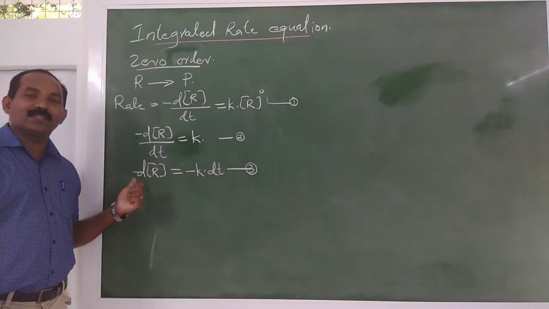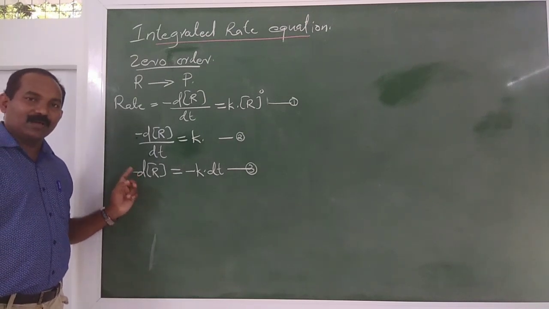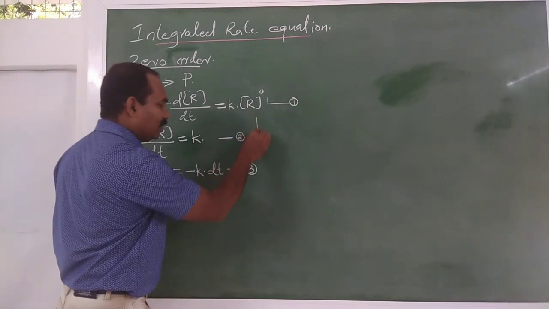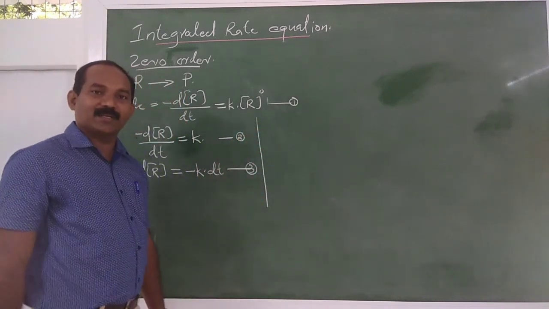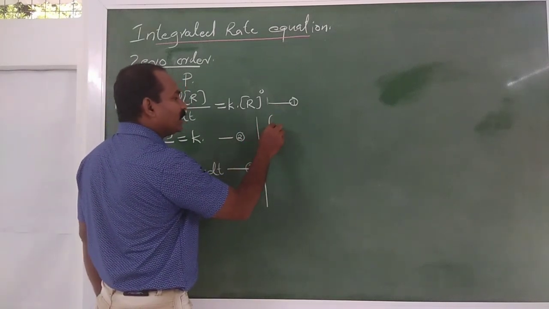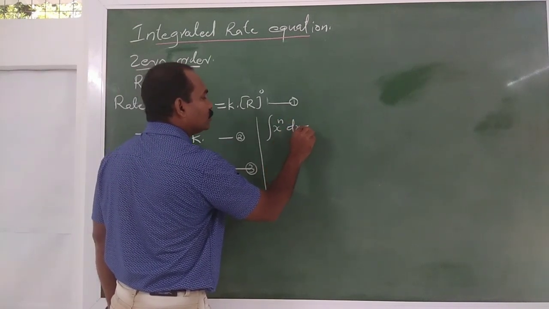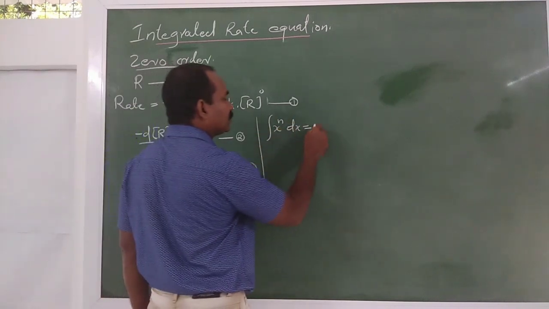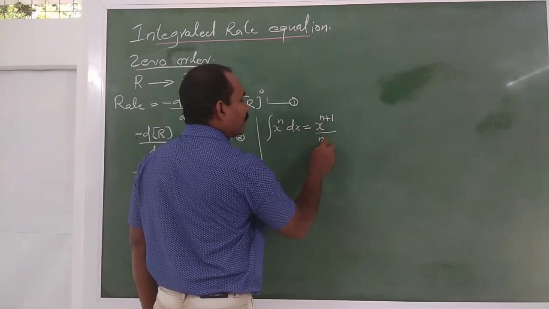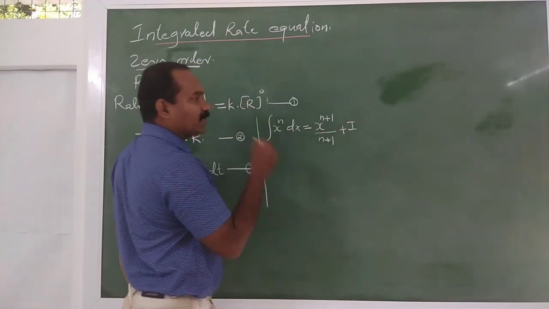By integrating this equation, we get the integrated rate equation. For that, we need to understand some general equations in integration. Integral of x raised to n dx is equal to x raised to n plus 1 divided by n plus 1, plus I, where I is the integration constant.